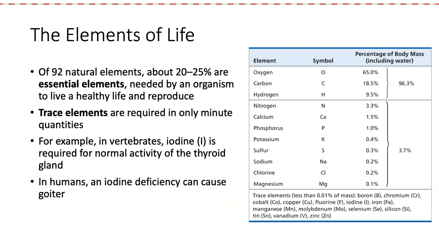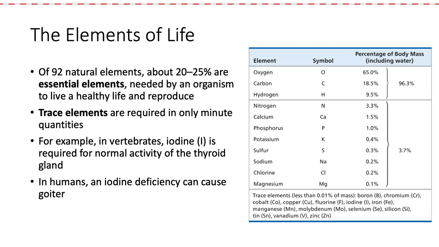There are 92 natural elements found in the universe, and some more man-made ones, but we're not going to go into those. Of those 92 natural elements, about 20 to 25% are considered essential elements. They're absolutely needed by living things in order to be alive, be healthy, and reproduce.